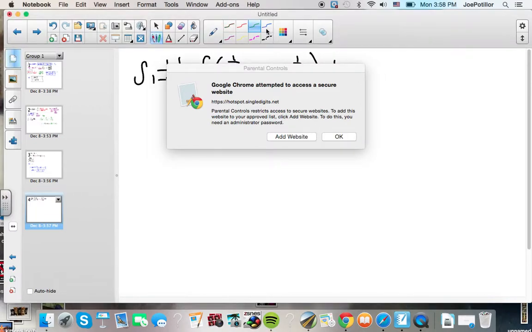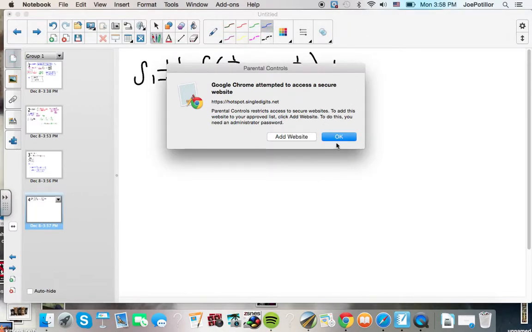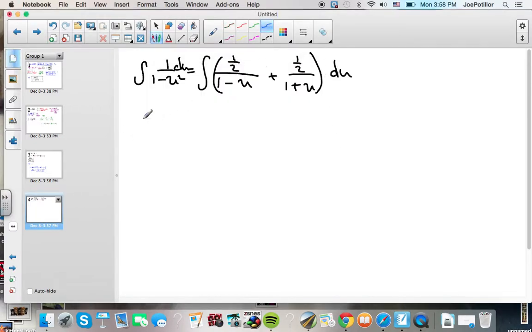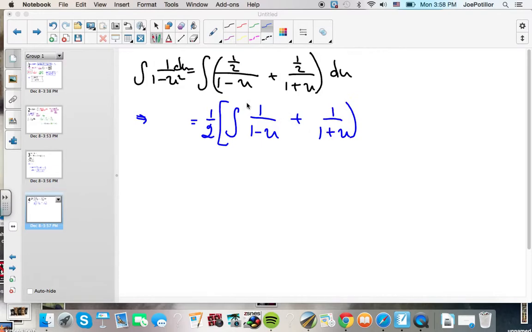We factor out the 1/2, and we get 1/2 times the integral of 1 over 1 minus u plus 1 over 1 plus u du.